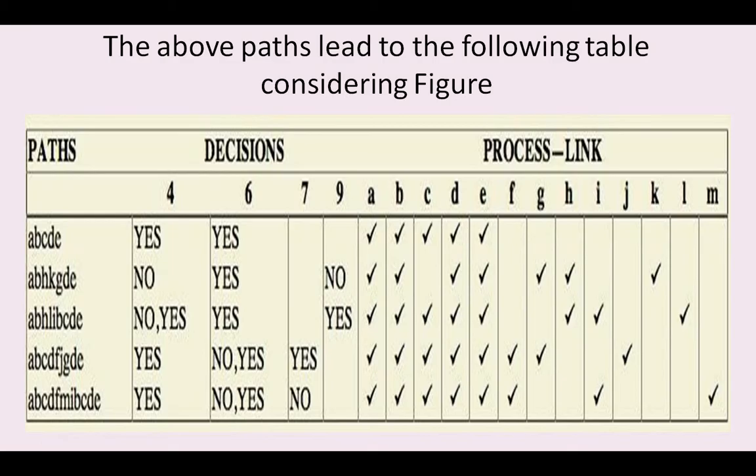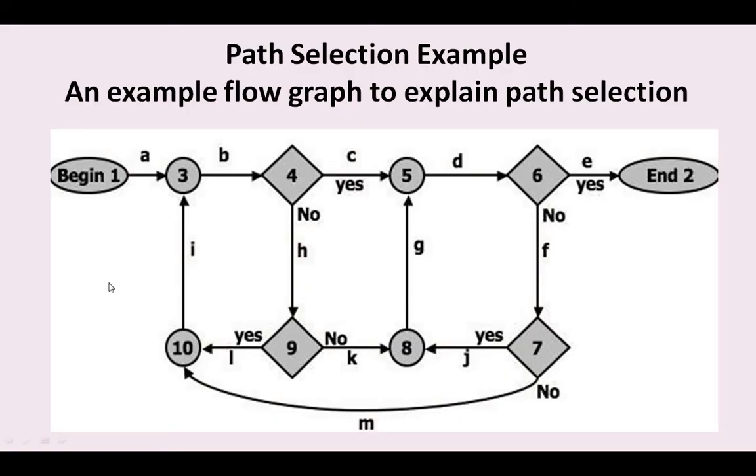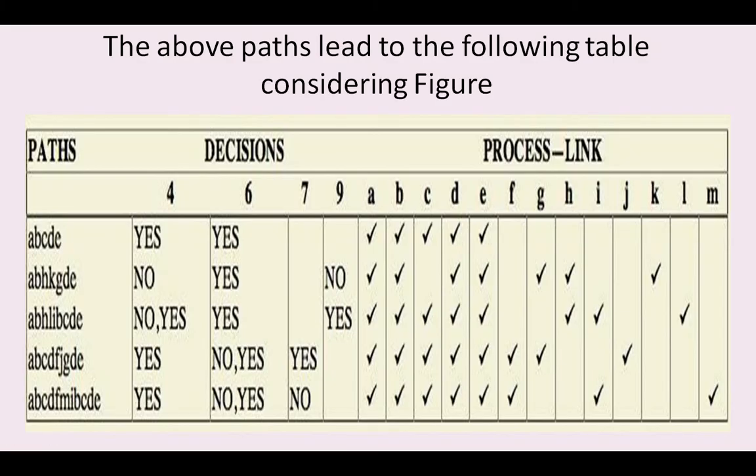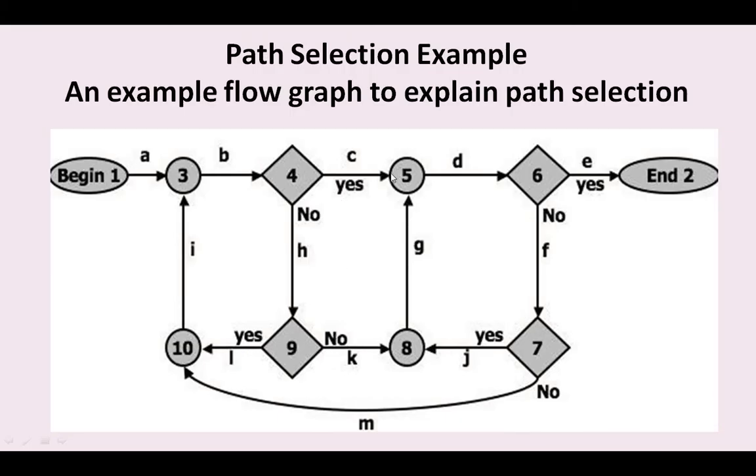Now we see the decisions are there. Some set of decisions is in the A, B, C, D, E path. How many decisions are there in this path? Two decisions are there. Okay, so when the decision is yes, how many process links are covered?